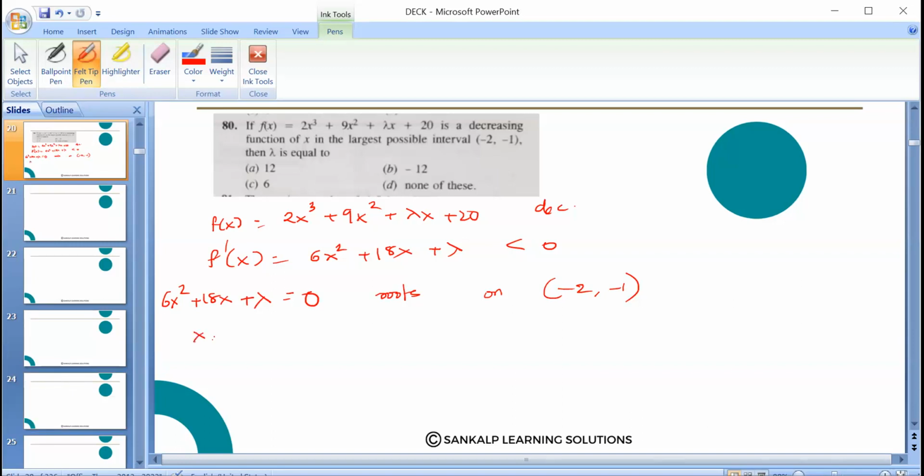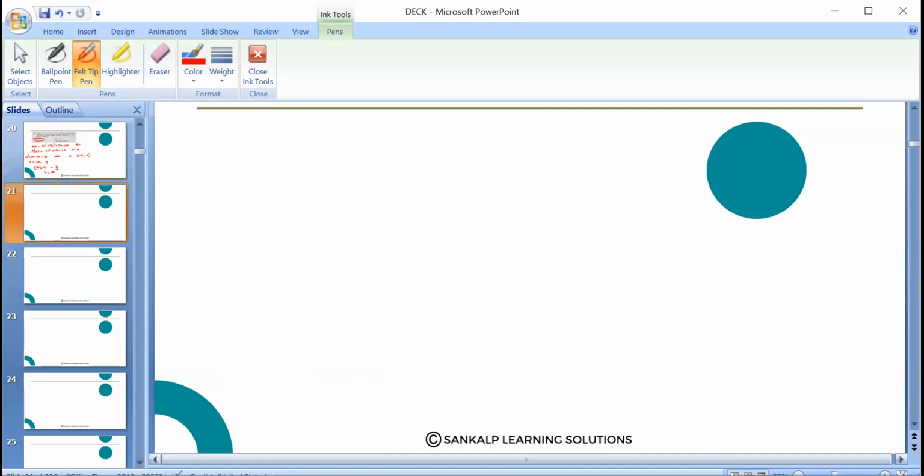So if you take x as -2 and -1, then the product of the roots is c by a, lambda by 6, or lambda is 12. Next, 81.